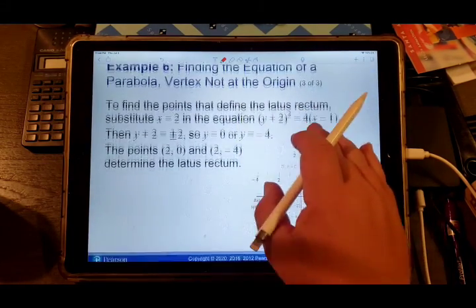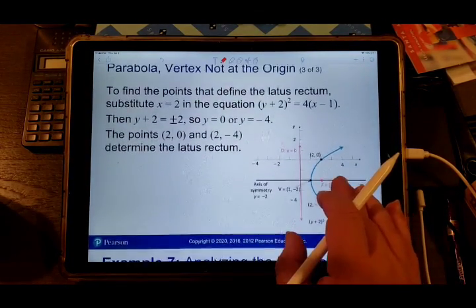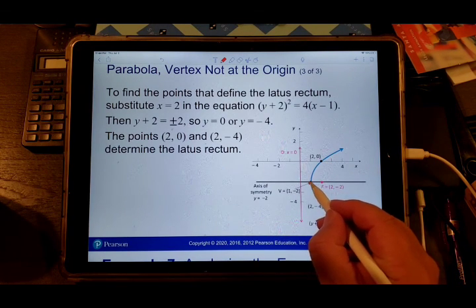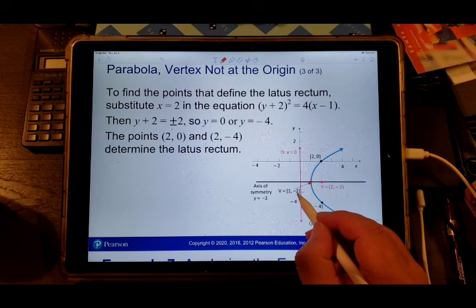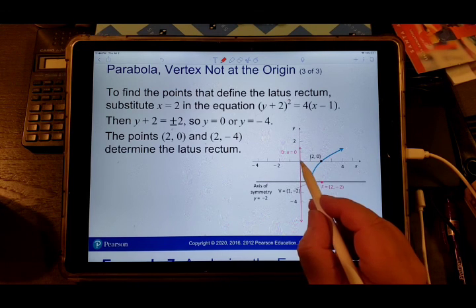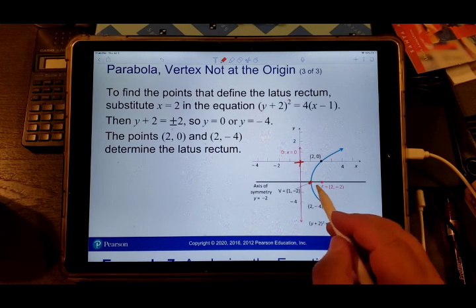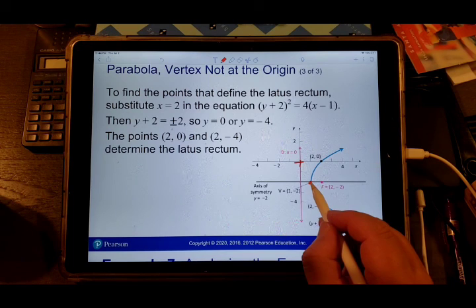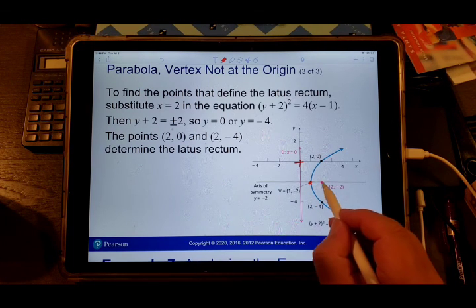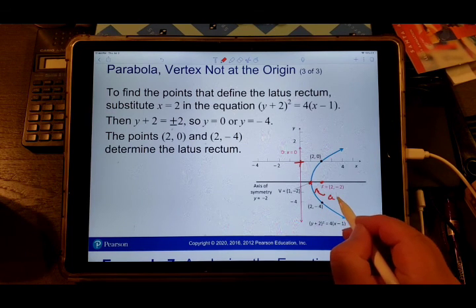No picture? Okay. I'm going to start with a picture. Here's 1, negative 2. Here's the origin right there. So 1, negative 2, that's the vertex. 2, negative 2 is the focus. So what is a, and is it positive?